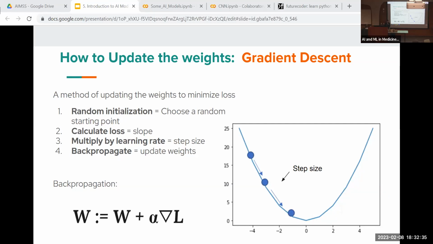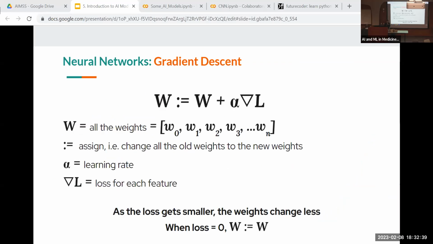We have our previous weight here, and we want to assign a new value to it. We have the learning rate, and we have the loss for each feature, which is called the gradient in this case. We update the weights over different iterations to finally get the weights that give us the best model that fits our data.